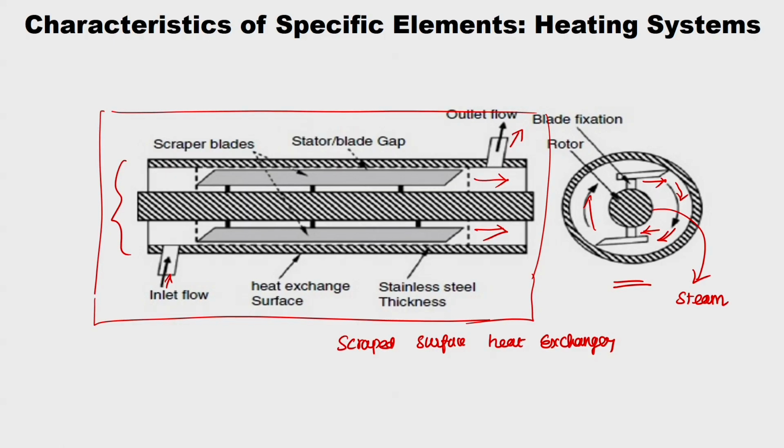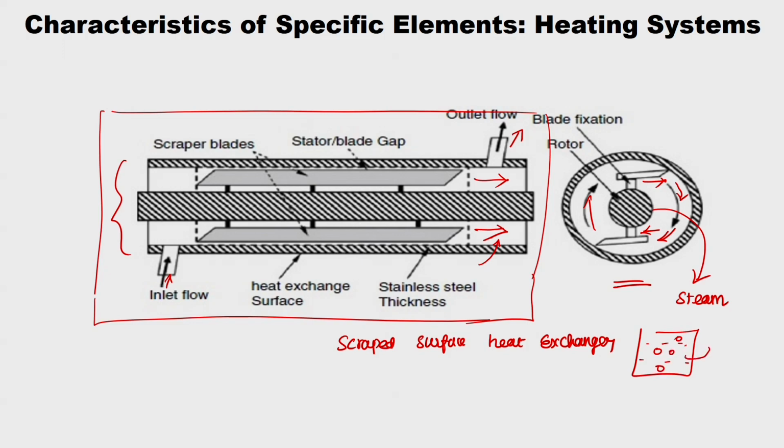One more thing to remember: if it is a solid rotor tube, the heat has to pass through this wall by conduction, and then it sees the liquid product. So there may be convection between the wall and the product, and if there are particulates in the liquid, for example this is my liquid product in which the particulates are there.